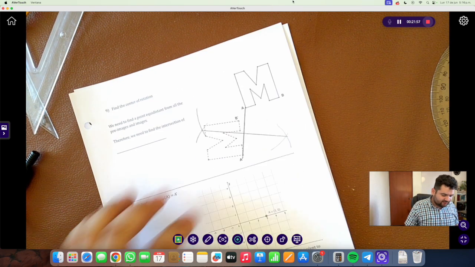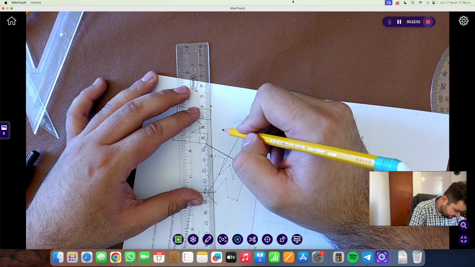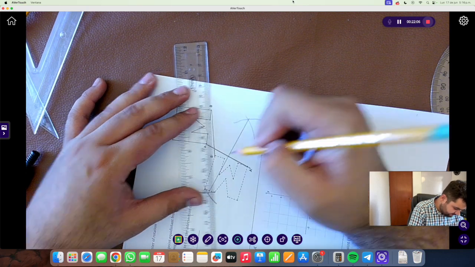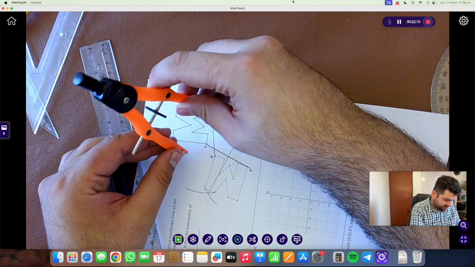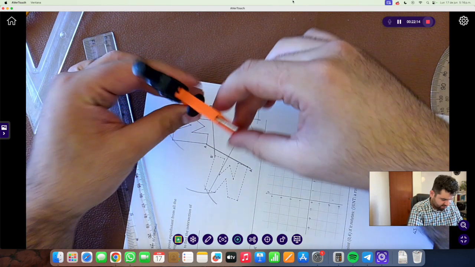And then you join two other corresponding vertices, and then find the perpendicular bisector of this segment.